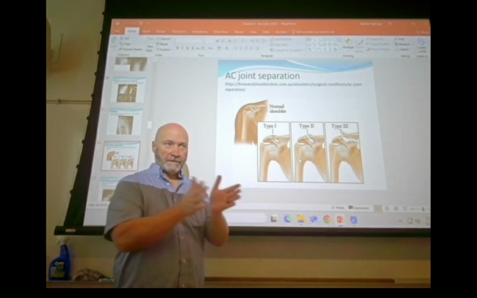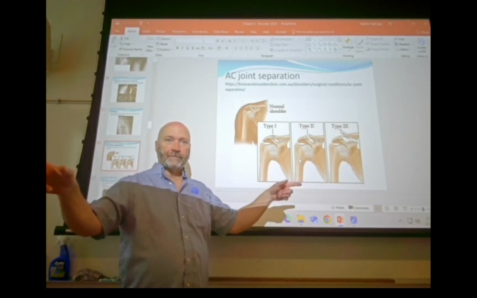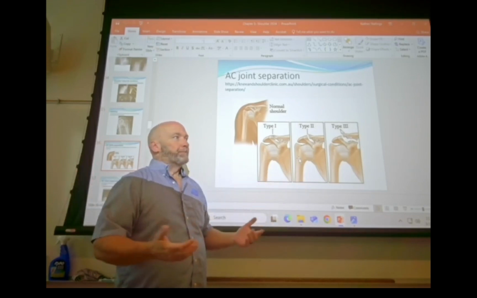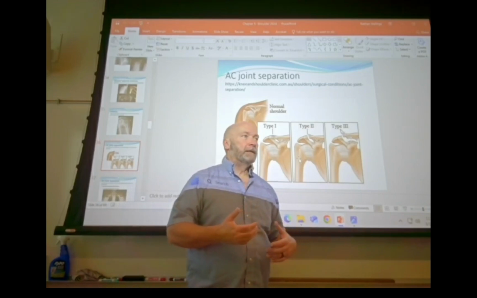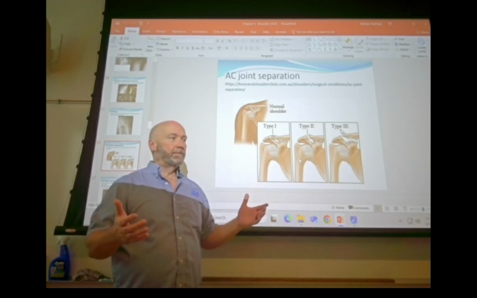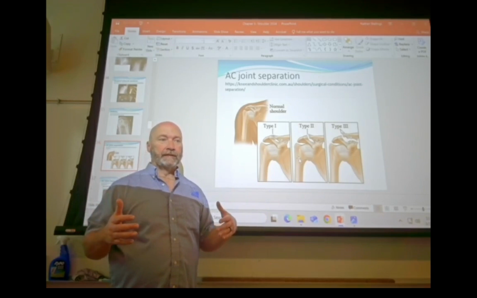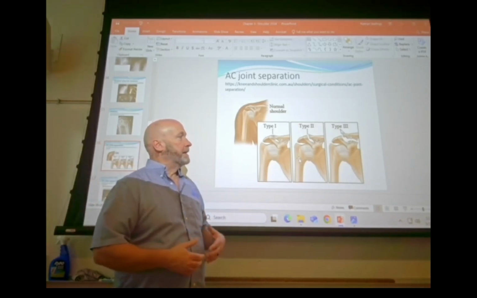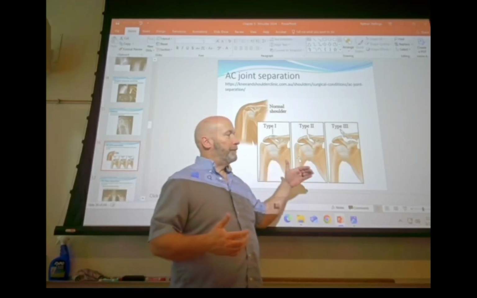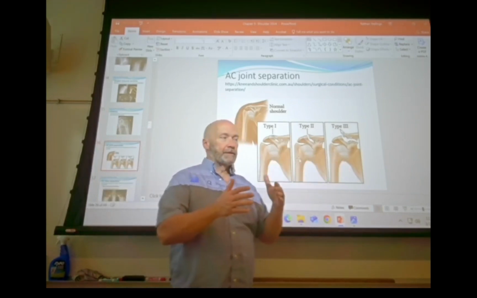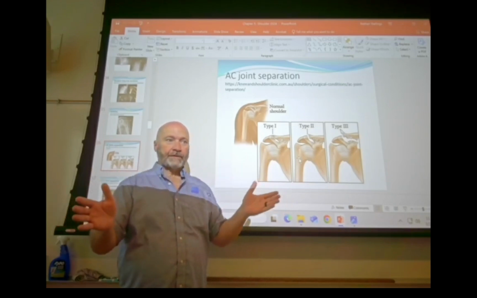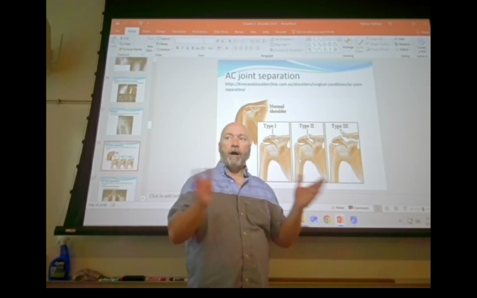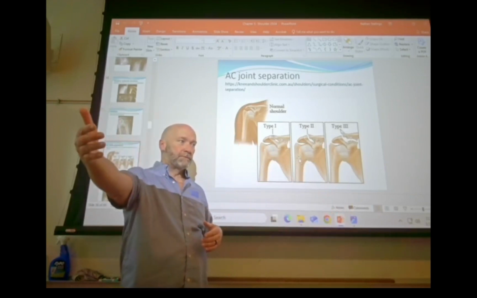Because of the divergence of the central ray, it kind of projects them way out to the periphery, right? They still make image receptors that are 14 by 17, okay? So even the digital image receptor is 14 by 17. And if you're looking for AC joint separation, divergence of the central ray at 40 inches is going to be so great that it might project the AC joints off of the image receptor. What you might want to do is back up to 72.